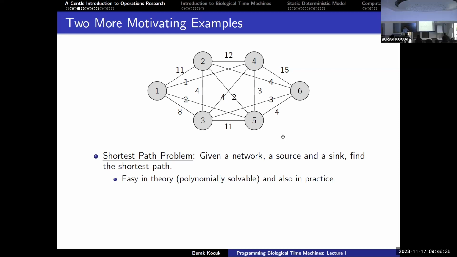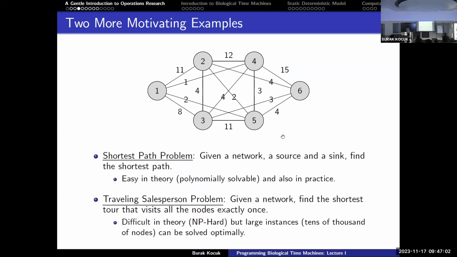But the nice thing about this problem is that you don't need to look at all of them. There's a smart way of doing it which runs in polynomial time, although there are potentially exponentially many ways. There are many algorithms to do this. One popular one is Dijkstra's algorithm, and there's also the Bellman-Ford algorithm.